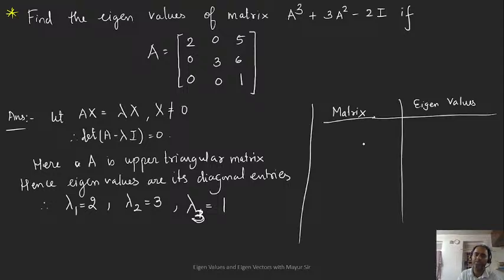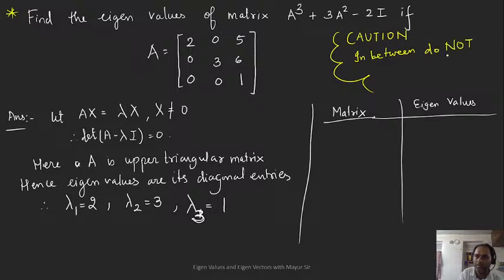So what you need to do is, do not change the order of eigenvalues in between the answer. That's the word of caution, like yesterday we had seen. So caution is, in between, do not change the order of writing the eigenvalues.